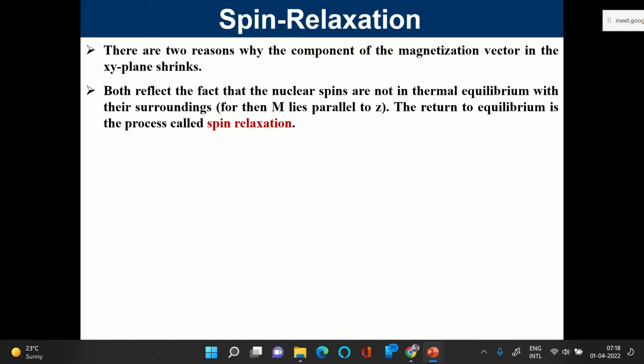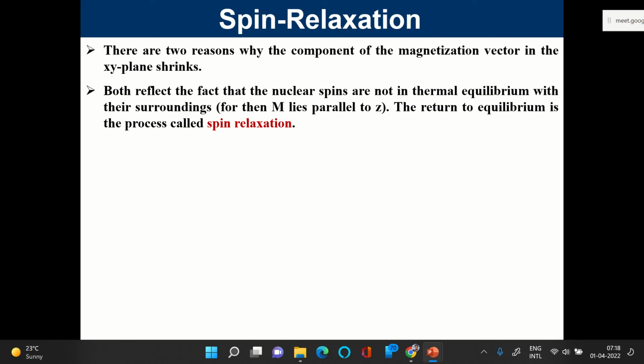So we are focusing on the xy plane now: once the radio frequency is gone, B1 is gone, the additional precession will also not be there, and slowly you will see that the y component starts decaying.